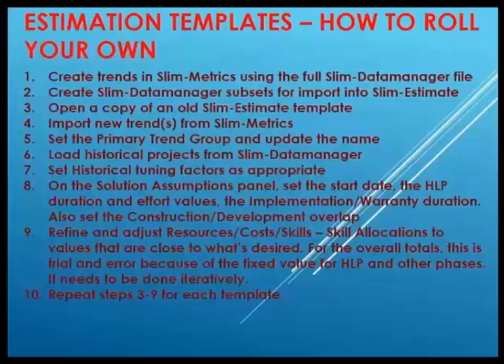And from here on, now we're in SLIM estimate, and number 4 there says import the new trends from SLIM metrics, and that'll get them into that SLIM estimate file, and then you set the primary trend group to that, update the name of the template in SLIM estimate, then load the historical projects from that specific subset of the SLIM data manager file.